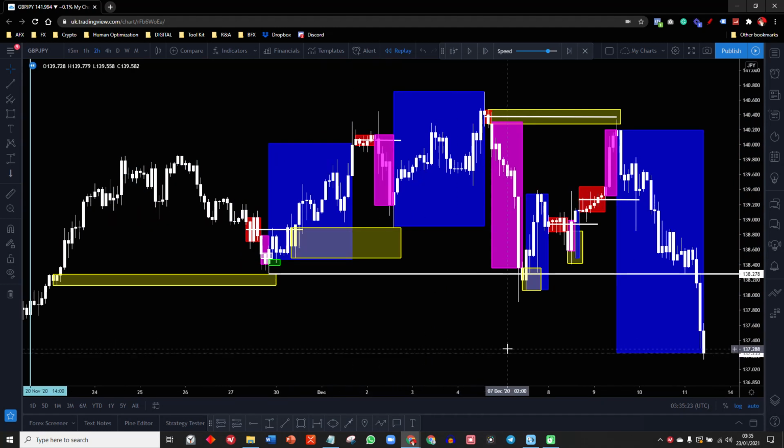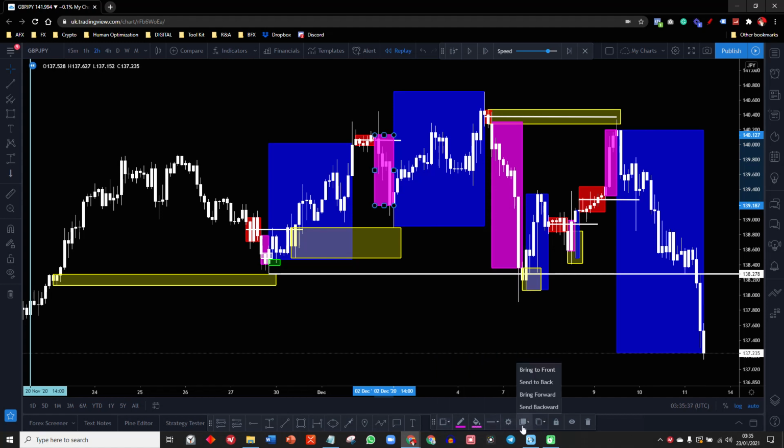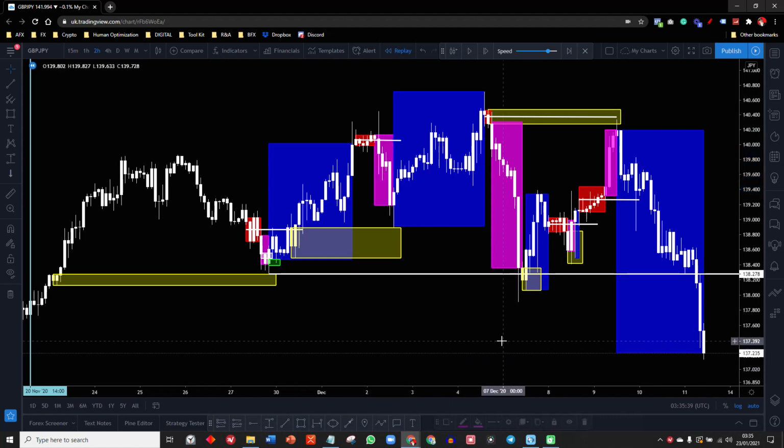Okay, so I hope you can see from this how we can map the market. Every single candle on this chart has been accounted for.